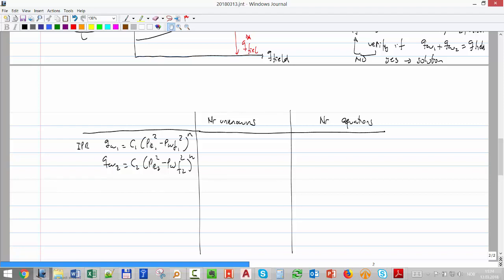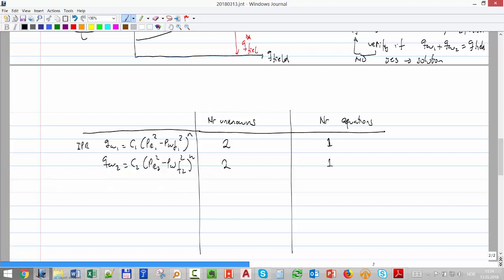We have the reservoir pressure, we have the C and the n, but we have neither the rate nor the flowing bottom hole pressure. So we have two unknowns and one equation, and here again the same two unknowns and one equation.